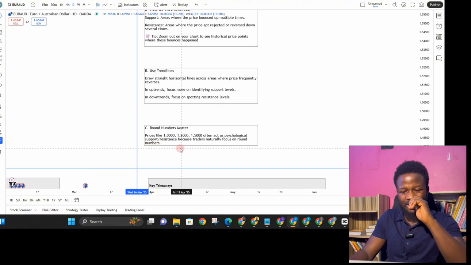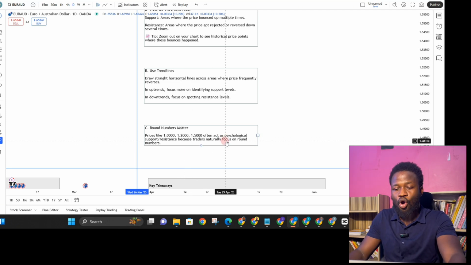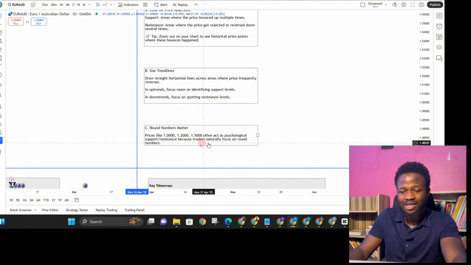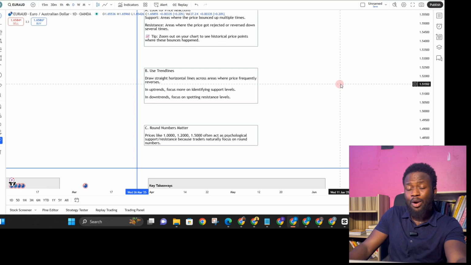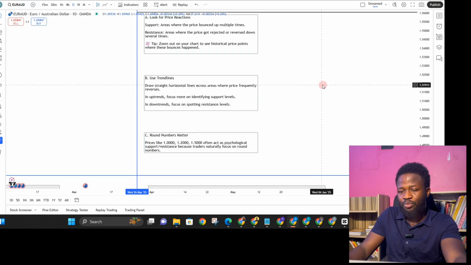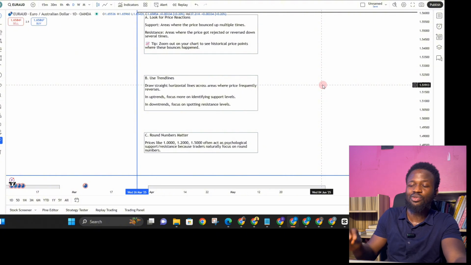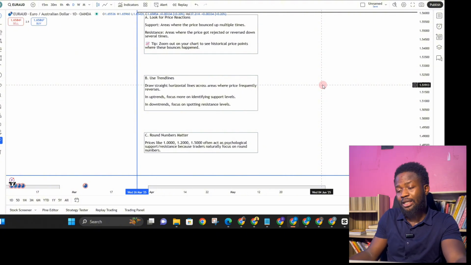Additionally, the third one is that prices like 1.000, 1.2000, 1.5000 often act as psychological support and resistance because traders naturally focus on round numbers. Remember we spoke about sentiment, right? Traders will have the sentiment that banks will not be dealing with random numbers. I don't know whoever invented that, but the big guys are going to be dealing with whole numbers.